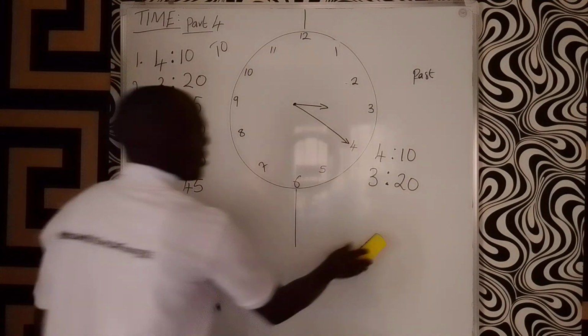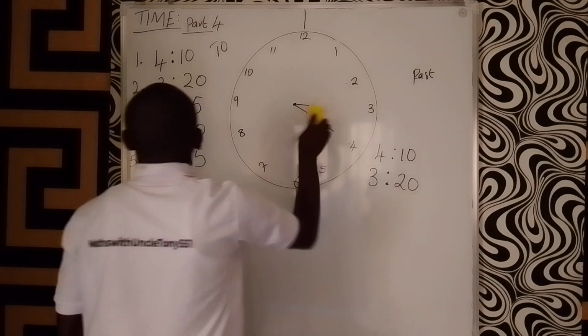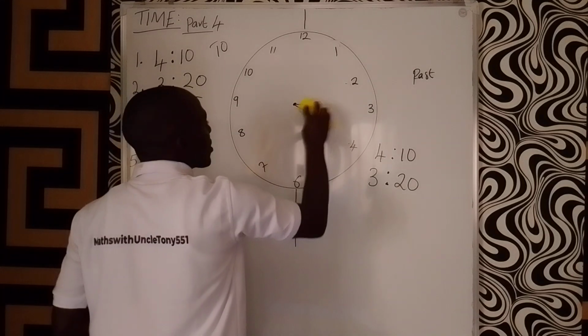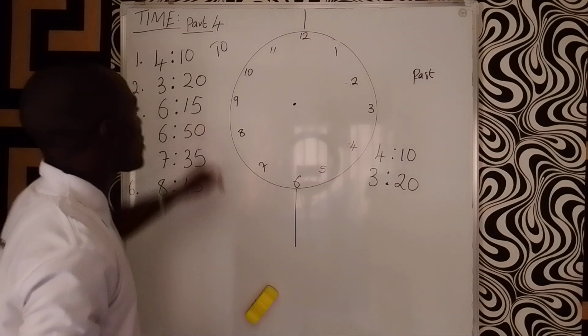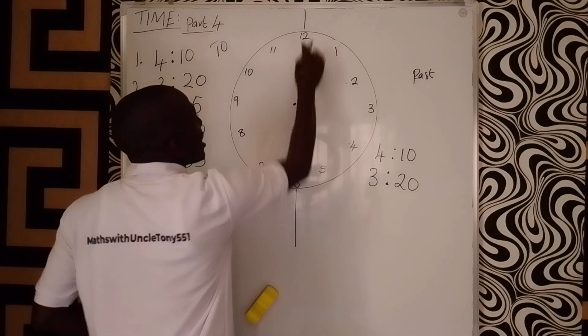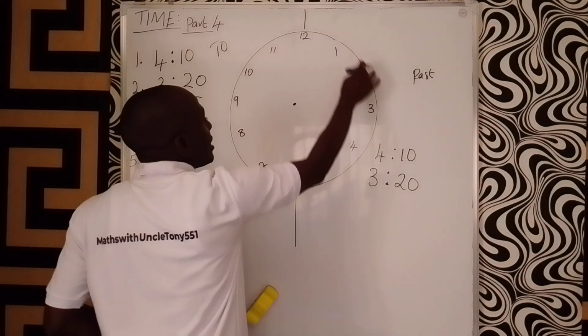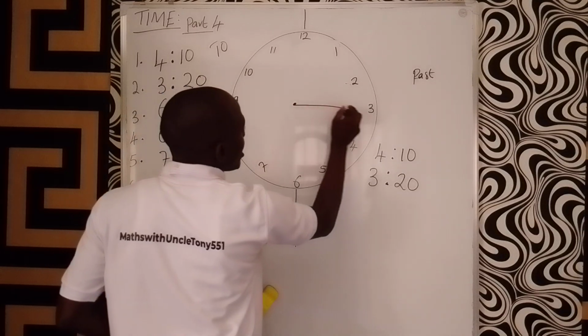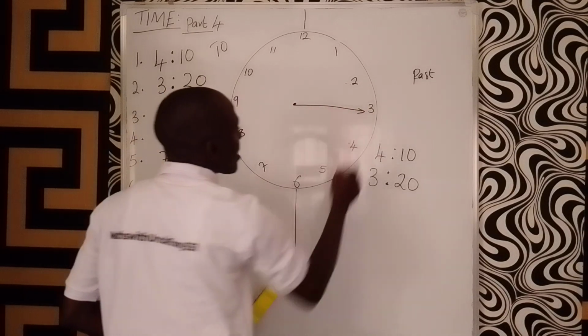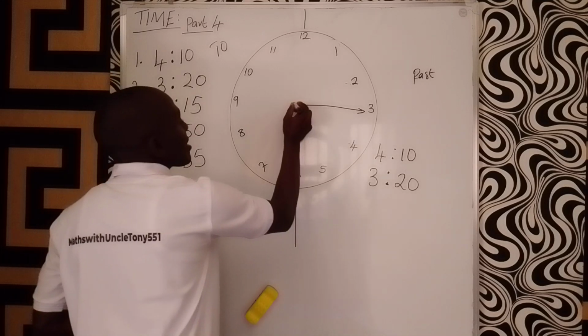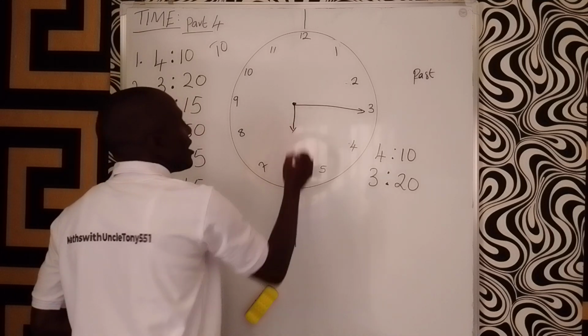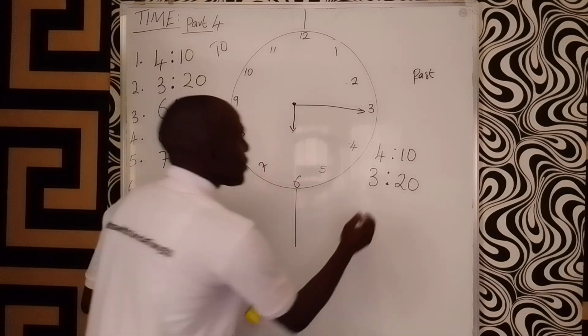Let's do number 3. Number 3 says 6:15. How would you pronounce this 6:15? The long hand, this is 5, 10, 15. The long hand, which is the minute hand, is pointing at 3, while the short hand is pointing at 6. This is 6:15.